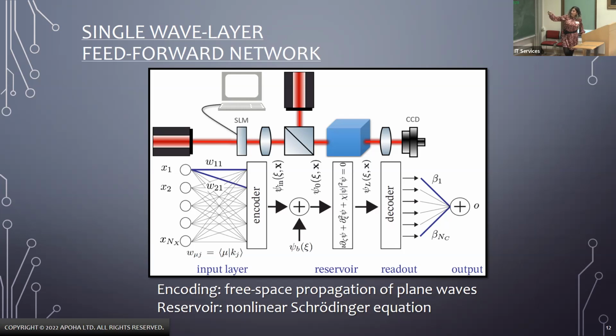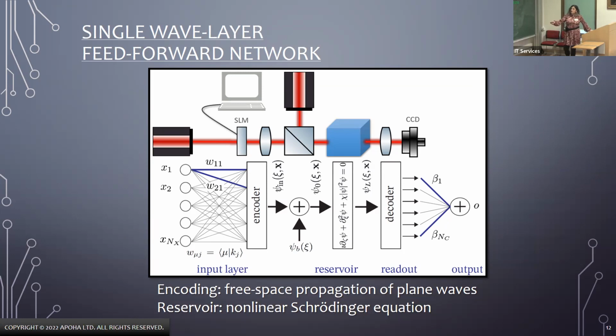And the final layer is the layer of the channels, which are essentially just clusters of pixels on the CCD camera, so clusters of intensity of the image at the end of the propagation of the laser beam.